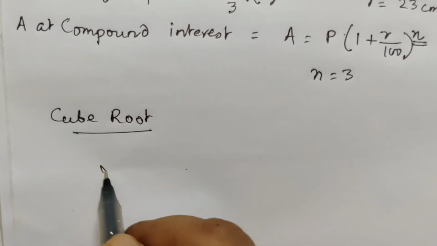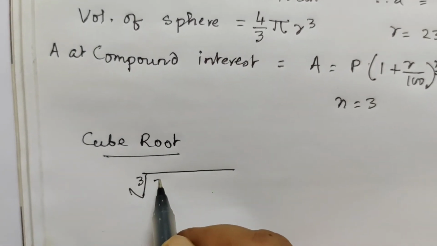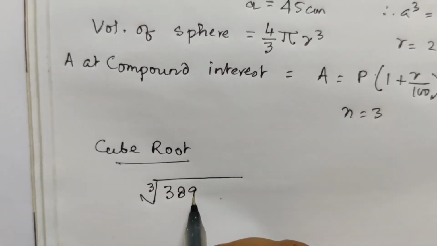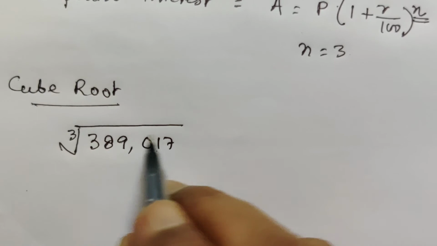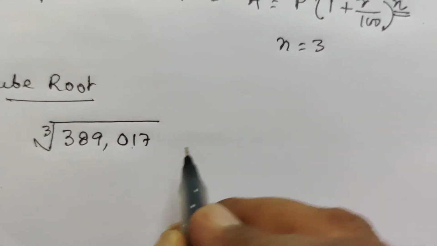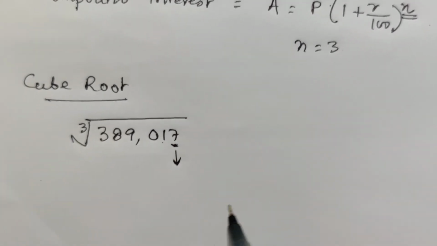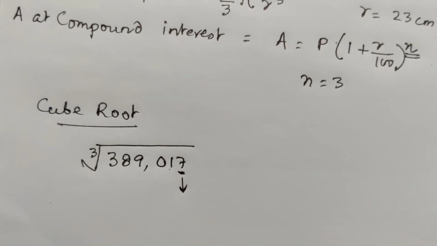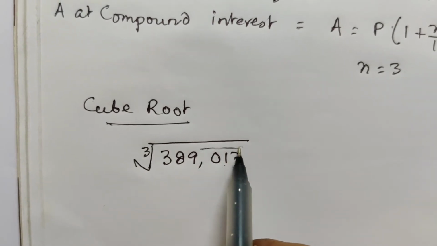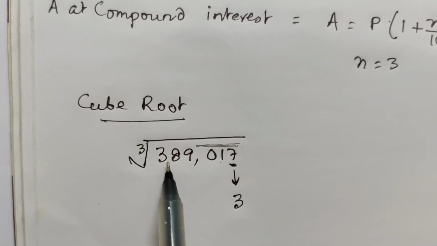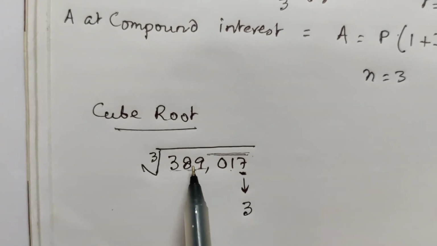Now suppose we have to find out the cube root of 389017. We can do it in a very fast way. Now here the last digit is 7, so the last digit of the answer will be 3. Now leave these 3 digits. Now consider 389.